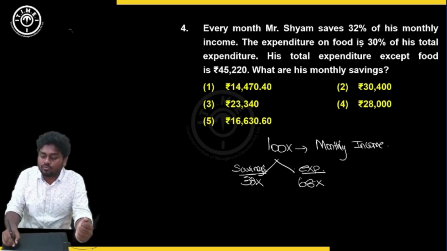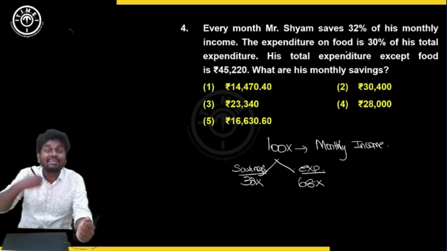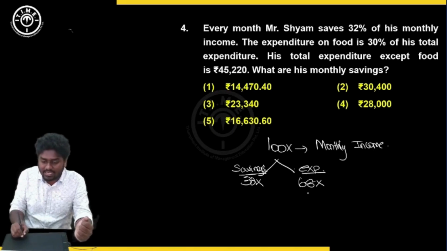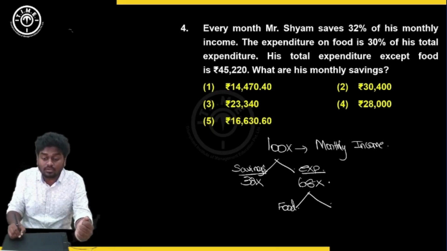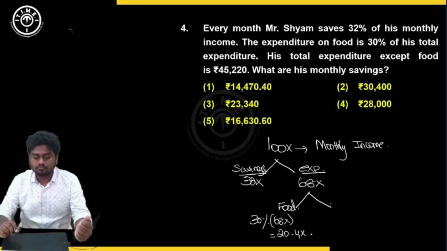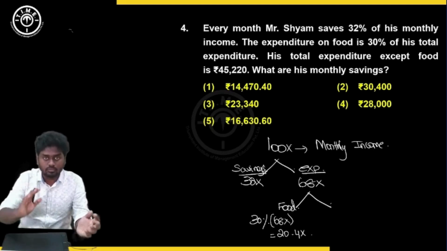The expenditure on food is 30% of his total expenditure. So out of the 68x, the amount spent on food is only 30% of his total expenditure, right? So that is 30% of 68x, which is 20.4x, correct? 20.4x goes for food.